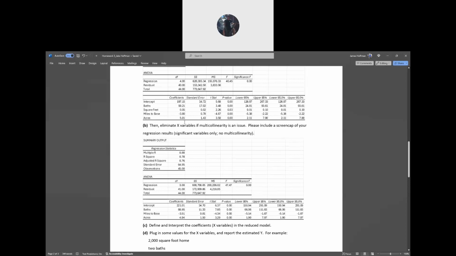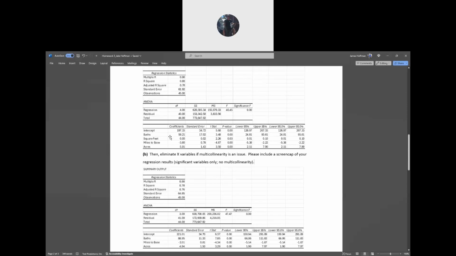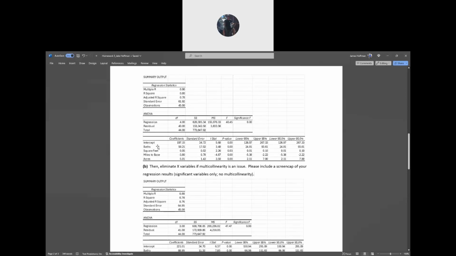And look, the other ones didn't change too much because there was no correlation. But take note of how the bath's coefficient went from 59 to 88, right? And I know if you took Bass out and left square feet, then this would change as well. So if you're interested specifically in square footage predicting price, take out the Bass variable and then look at the square footage.